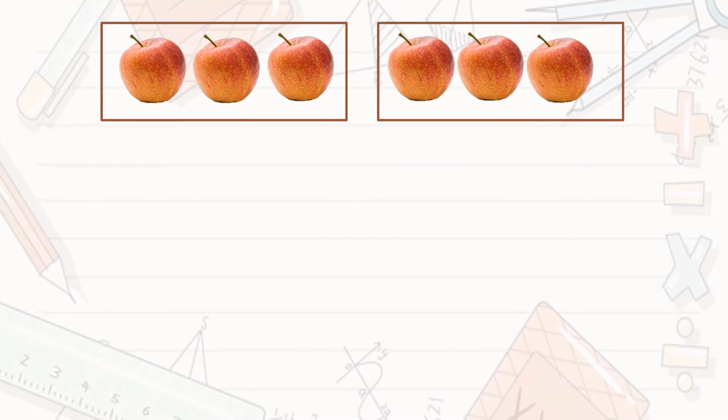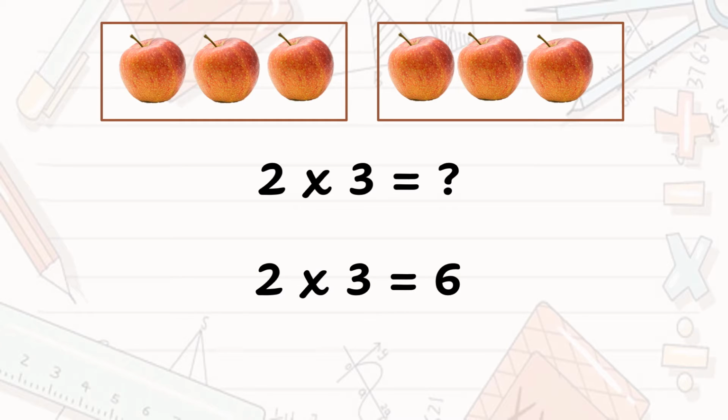Now kids, take a look at this one. Each set has 3 apples. Can we make a multiplication expression out of this? What is that? Yes, it's 2 times 3. And 2 times 3 is equal to what number? 6.